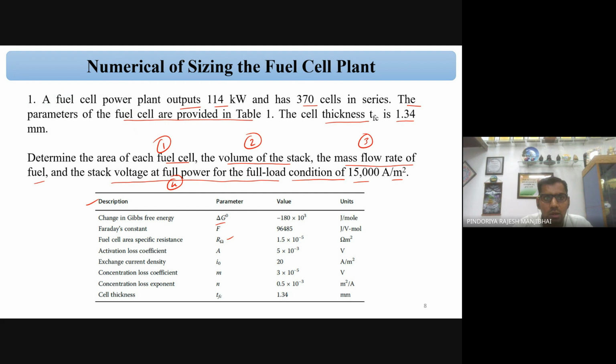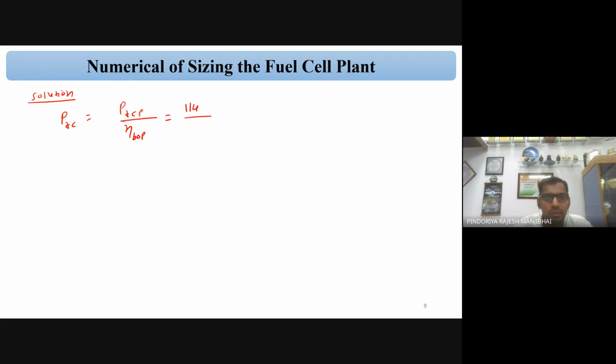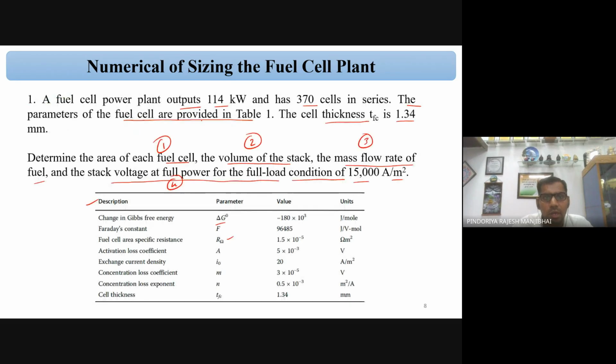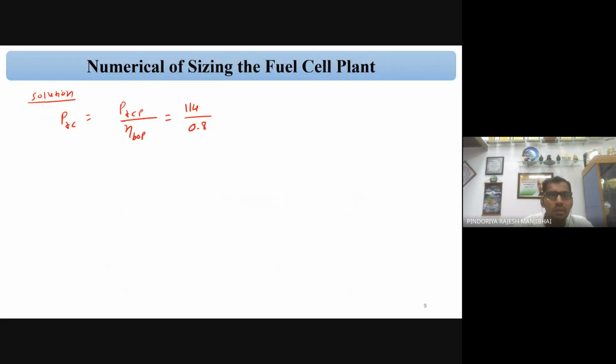In the previous example in yesterday's class, we took the same parameters, so the efficiency is 0.8. In this example, I missed the efficiency, but the value is 0.8, correct? In yesterday's class we already discussed the same numerical and same parameters that we are considering here. That's why it is 0.8.